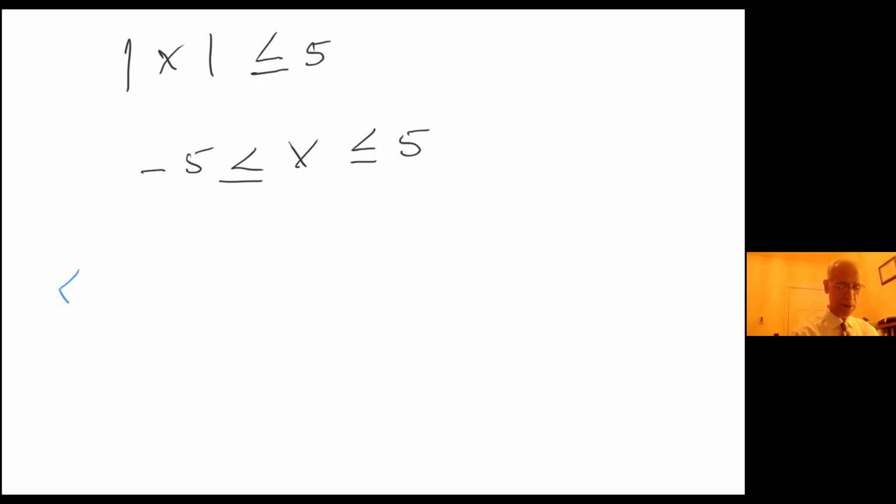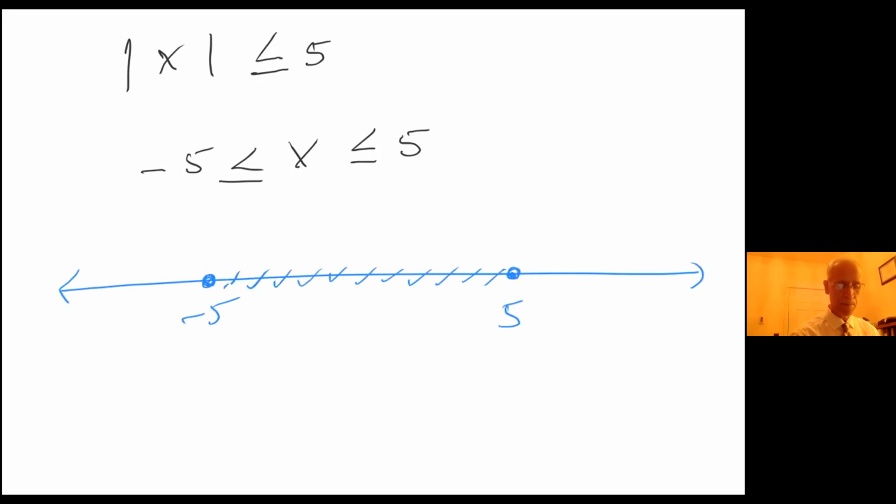So if this is a number line right here, let's say -5 is in here and +5 is in here and all these numbers in between. Of course, 5 and any number smaller than that, like in these areas, we know the absolute value of that is smaller than 5.